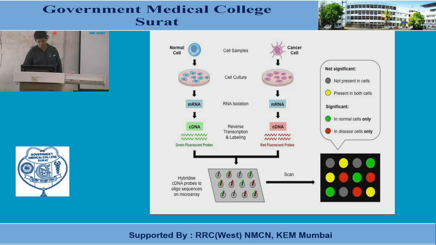According to color, if yellow is there, then both cells are present. If green, then the normal cell is present, or there are more normal cells. If red, then the disease or cancer cells are there, or there are more cancer cells. So when the normal cell and cancer cell cDNA are put in a well, we add the DNA probe, then we wash out, and then in fluorescence light we identify which color is there.